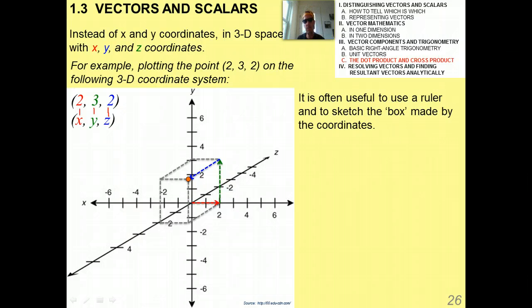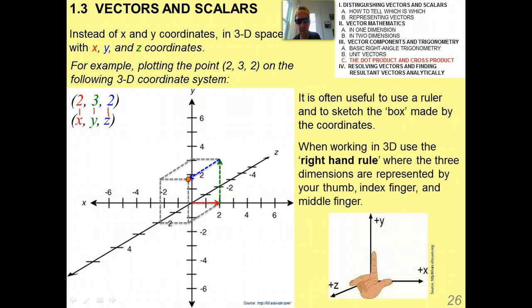It's really useful to sketch that box in order to view it in a 3-dimensional system. When working in 3D, use the right-hand rule, where the 3 dimensions are represented by your thumb, index finger, and your middle finger, kind of like that. We will use the right-hand rule all the time when we study lots of things towards the end of the first year, electricity and magnetism, and all kinds of cool things.